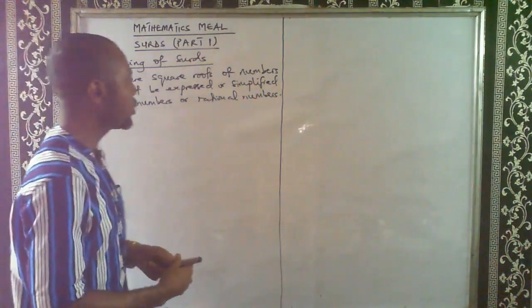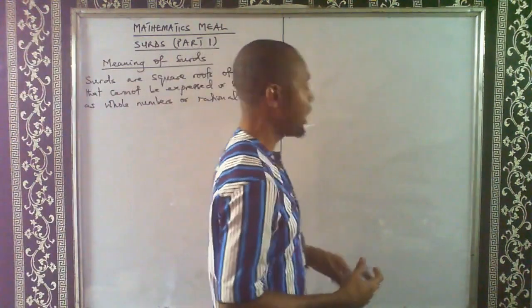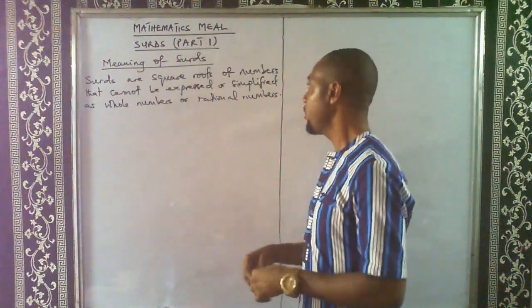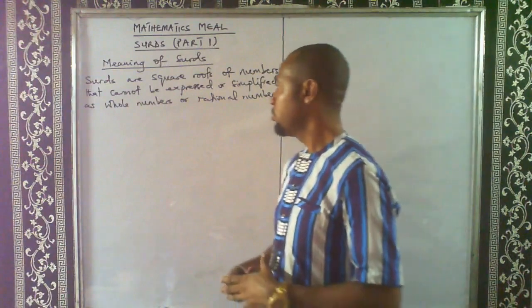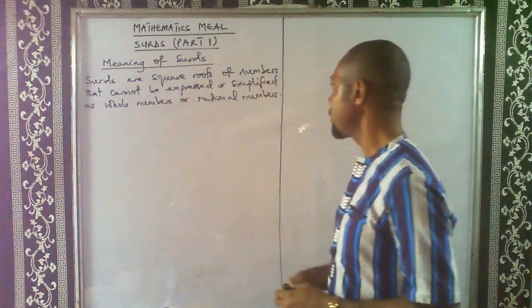So surds are square roots of numbers that cannot be expressed or simplified into whole numbers or rational numbers.